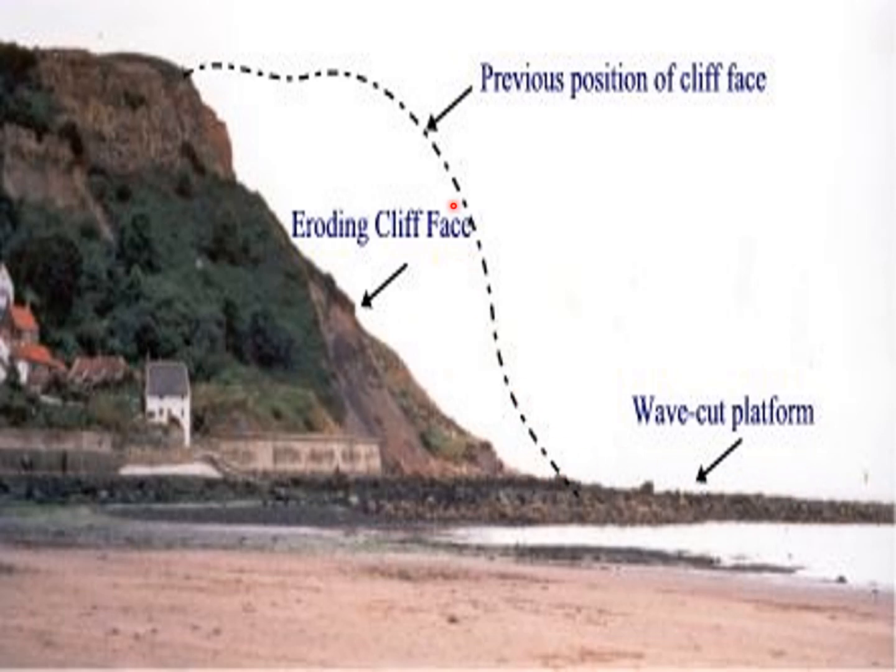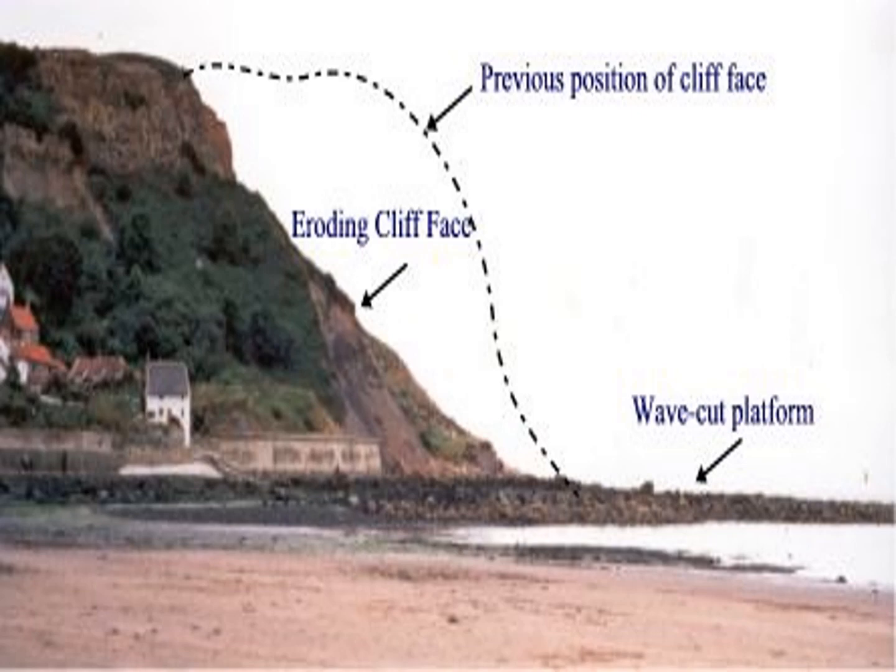So the cliff used to be right here, but because of constant attacking down here, a notch has been created, and over time the cliff face breaks off, and then it continues to recede, gets shorter, and down here now the materials spread out to form what is called a wave cut platform. So that is the reason why we say they go hand in hand.